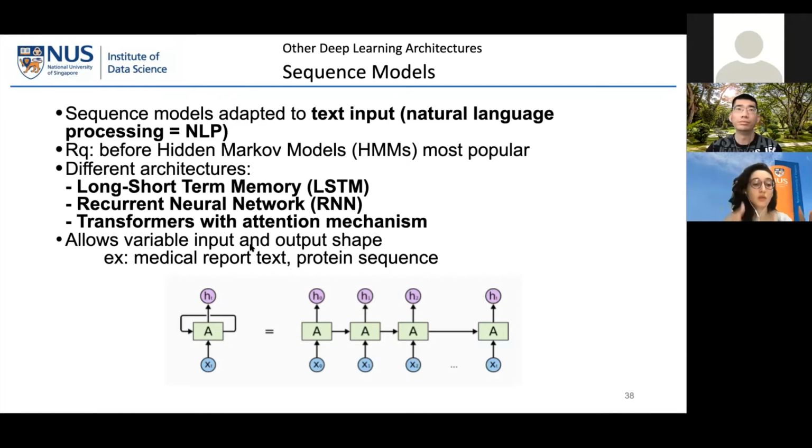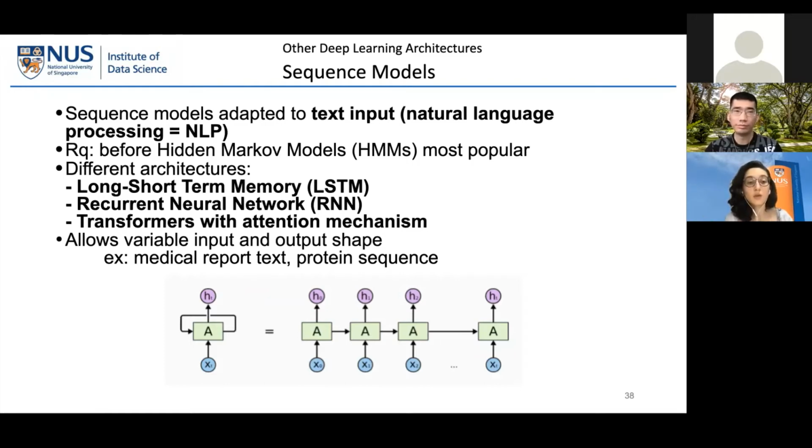For instance, with a convolutional neural network, you need to predefine the shape of your image, input and output. But here, when you want, for instance, to summarize a medical report or to translate from one language to another, you cannot predict in advance the length of your sentences.